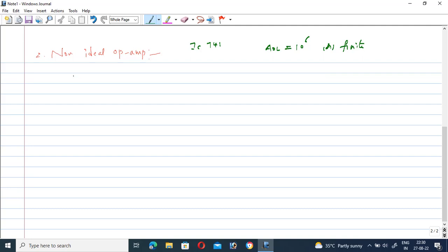Therefore, if the difference voltage VD lies between minus Vsat by AOL and plus Vsat by AOL, V0 varies linearly with VD.